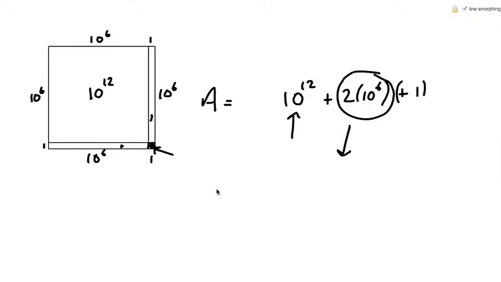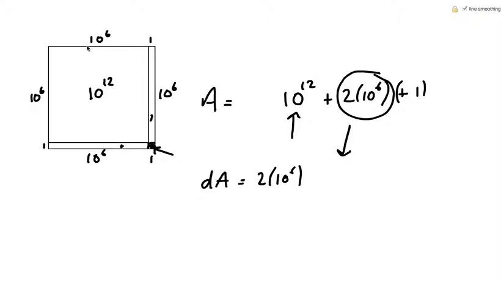But the change, which we actually call dA, which means just a little bit of a change in A, would just be 2 lots of 10 to the power 6. And that's what I said yesterday, that whenever we have a square which increases by 1, or actually by any amount, the change per step will be twice the original square's length.